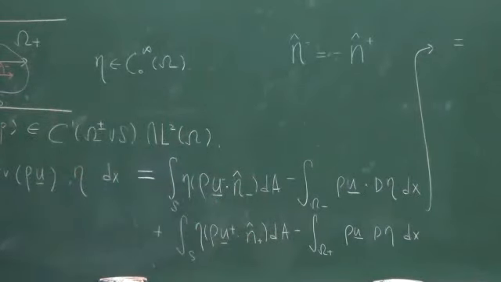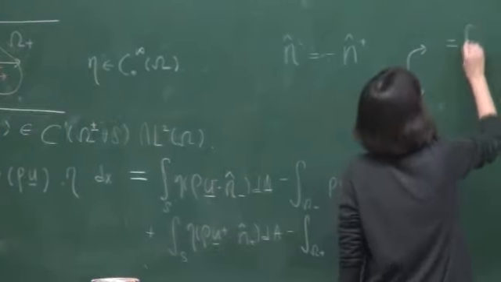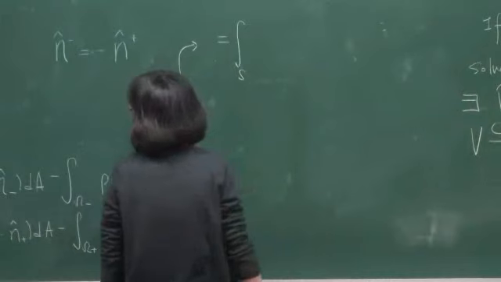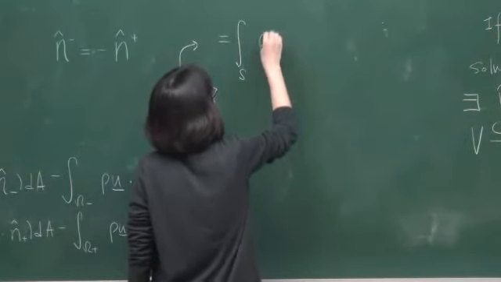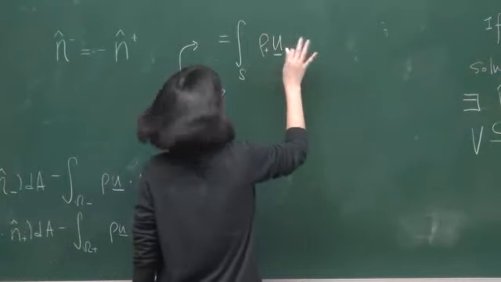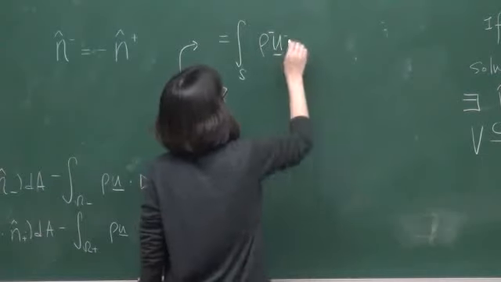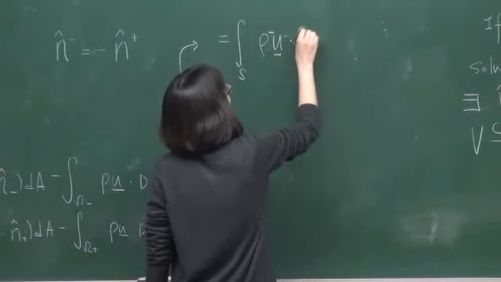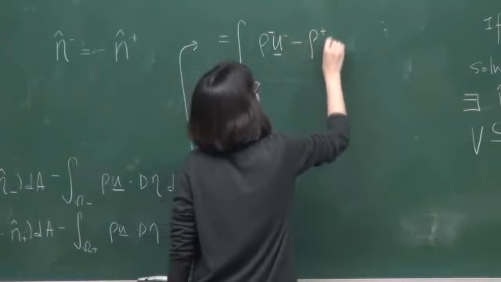Okay. So now we can combine this integral into one as follows. So the integral on S, and then rho. So let's say rho plus, well, here I have minus first. Minus, dot n. Well, let me just say the following.